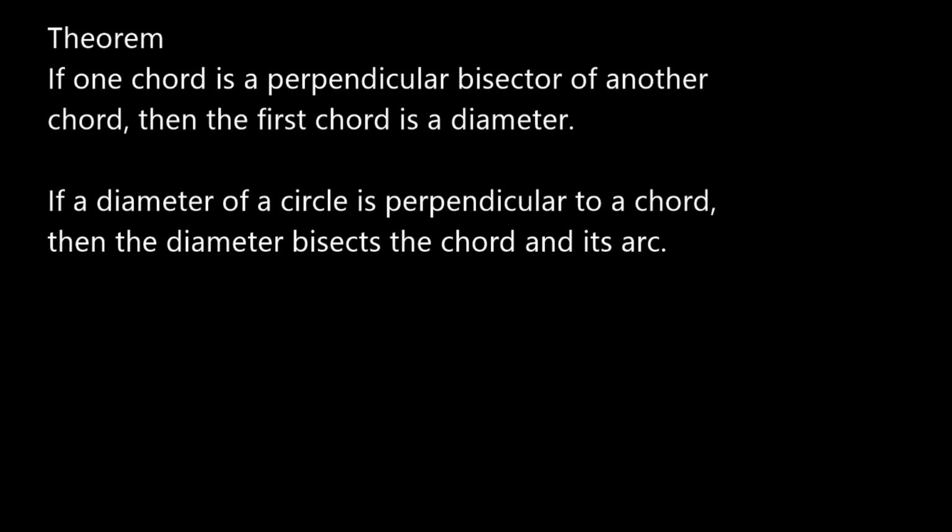So here are 2 more that are kind of converses of each other, but not exactly. And they have to do with circles and chords that are perpendicularly bisecting each other. So the first one says that if one chord is a perpendicular bisector of another chord, then the first chord is a diameter. So if I have a circle, again, and in here I have a chord.